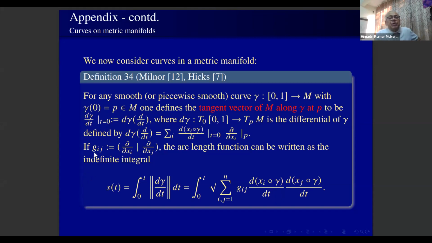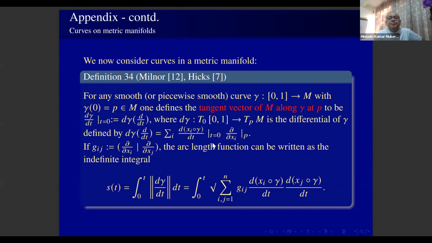So if you write g_ij to be the inner product of del by del xi with del by del xj, these are vector fields, and g_ij is the function like this. Then the arc length function can be written as the integral s(t) from 0 to t of the norm of d gamma by dt, which is nothing but, when you expand this d gamma by dt, the square root of g_ij times d(xi of gamma)/dt times d(xj of gamma)/dt.